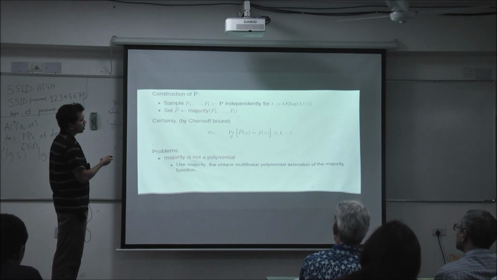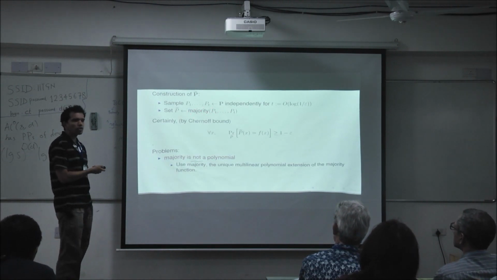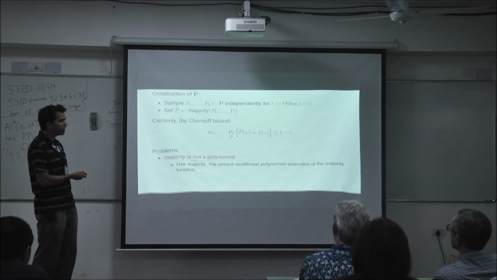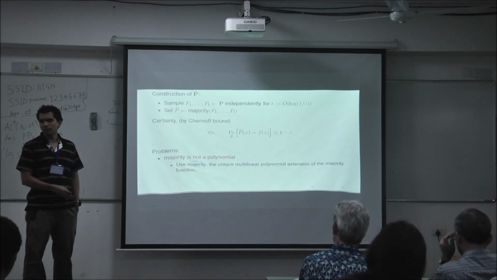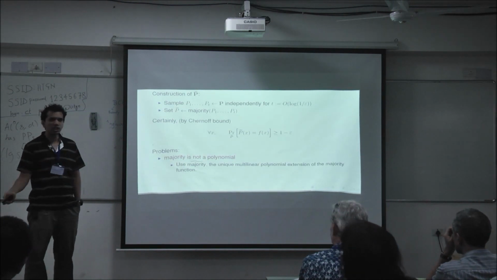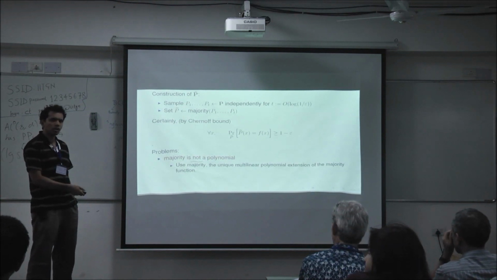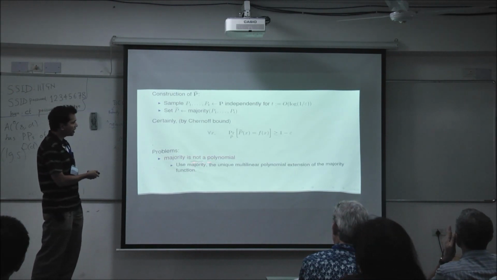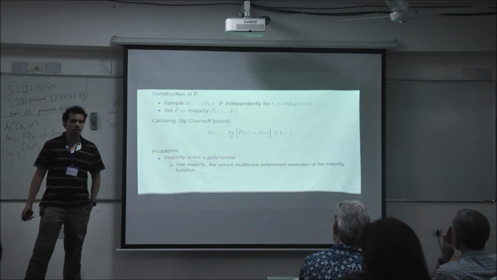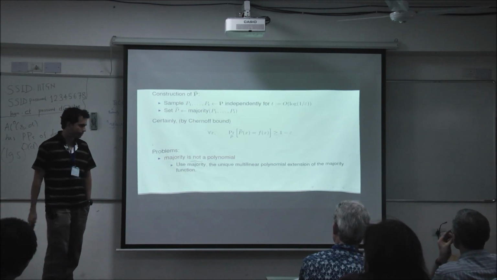Majority is a Boolean function, but we represent it by a polynomial, which I'll call majority tilde. We know every Boolean function can be represented by a multilinear polynomial. So majority on t bits can be represented by a multilinear polynomial, and any multilinear polynomial on t bits has degree at most t. So majority tilde is some multilinear polynomial of degree at most t, composed with the Pi.